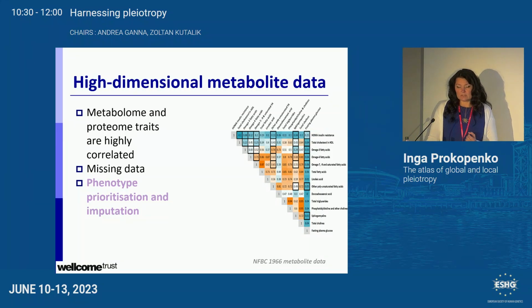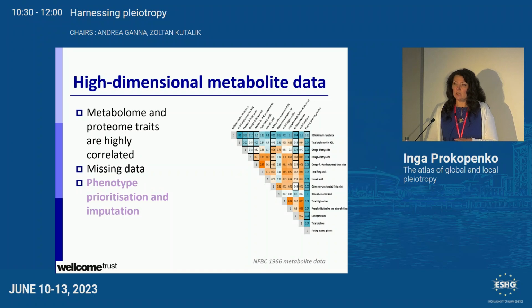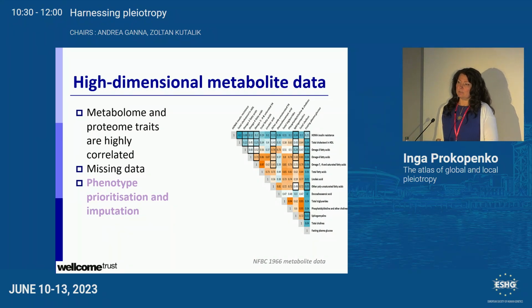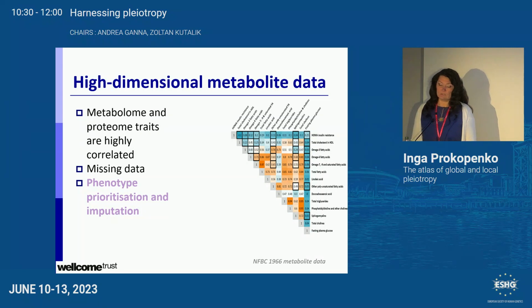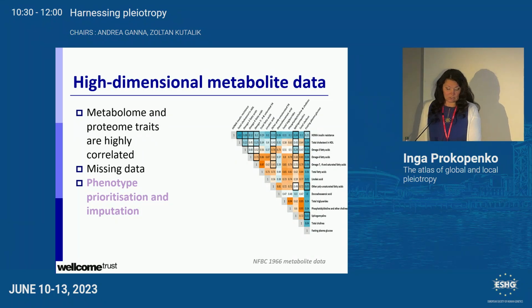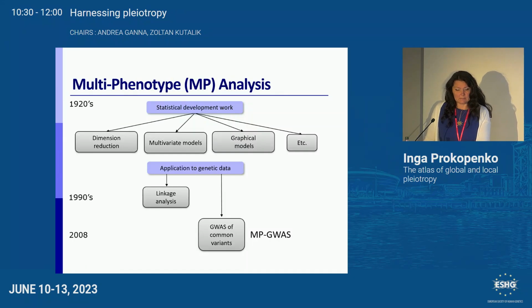And here you can see similarly many metabolites, mostly lipid metabolites related to fatty acids. You can see that there is very high correlation, either inverse or direct. So when we try to analyze them together, we need to decide what is to be analyzed to avoid collinearity issues and other problems with statistical analysis.